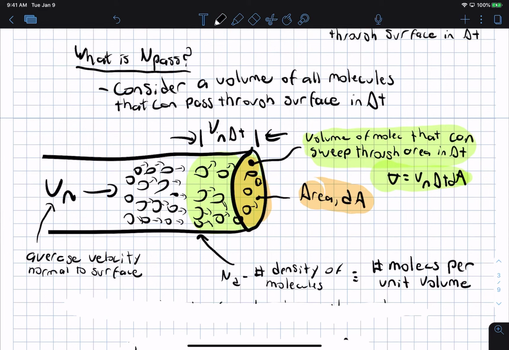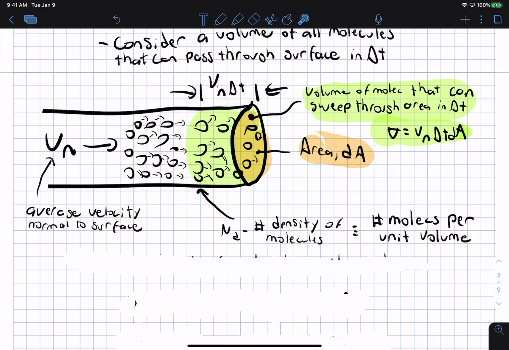Okay? Now we know this, so now we know that all the molecules that can pass through the surface must be contained within this volume here. If they are outside of this volume, they will not be passing through the surface. So now we know the volume, how do we find out the number of molecules? Well, you guys may have dealt with in your physics classes a quantity called the number density.